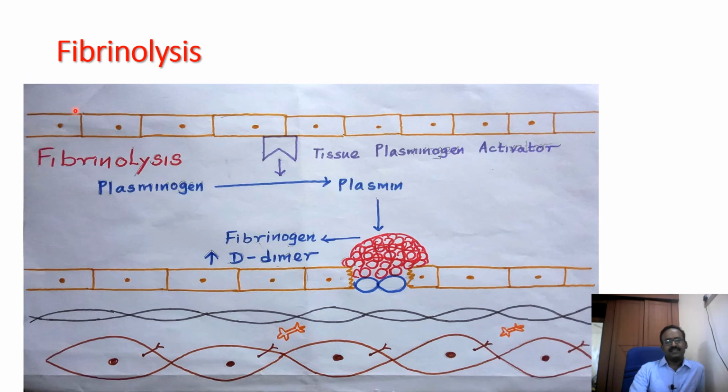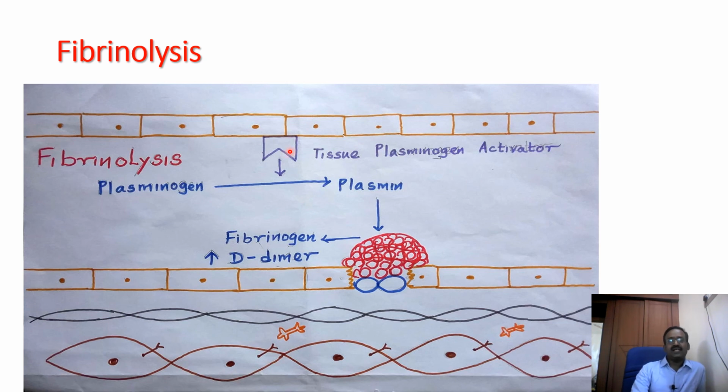Fibrinolysis is an important step after clot formation. Otherwise, small clots occlude the blood vessels, which produces ischemia. Fibrinolysis is initiated by tissue plasminogen activator, which is present on the luminal surface of the vascular endothelium.